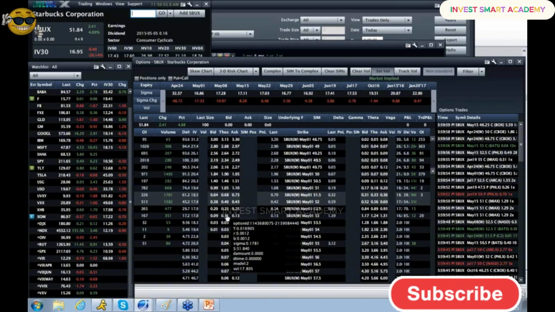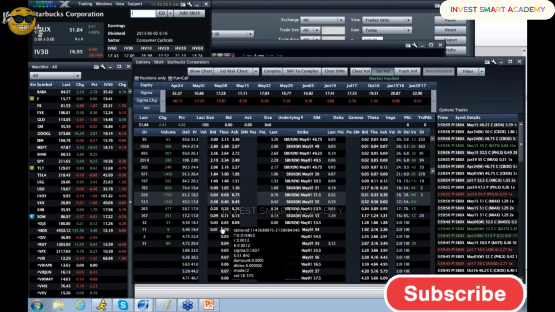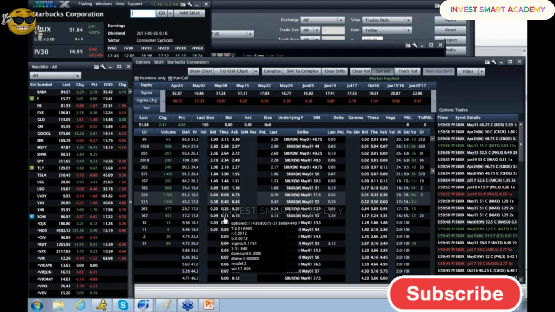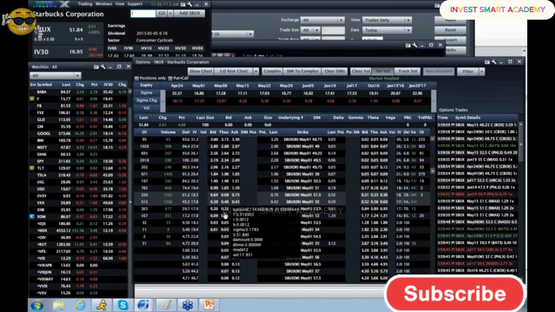It's going to lose on Monday morning. You guys aren't going to feel strong about the 53s, and they're going to fall outside of the cone if Starbucks doesn't move. Now the 52.5s for sure, and the 52s for sure.